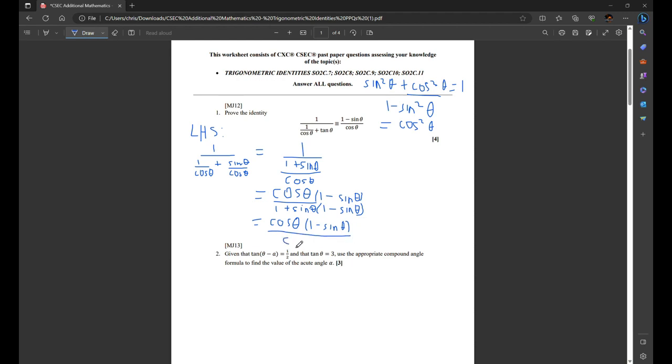Because if I put this over cos squared theta, which we said is equal to the product of 1 plus sine theta and 1 minus sine theta, you can see that this cos theta is going to cancel with this one down here, because this is cos squared theta. So this is going to leave cos theta in the denominator and 1 minus sine theta in the numerator. And now we have proven our identity.